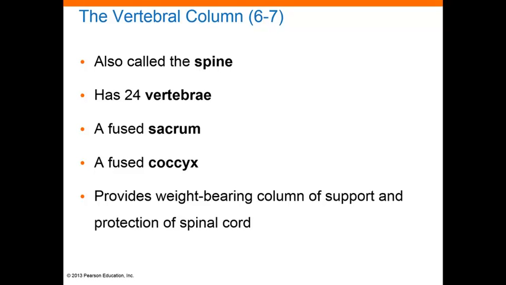The vertebral column or spine consists of 26 bones, 24 of which are vertebrae, and a fused sacrum and a fused coccyx. The vertebral column provides a column of support which will transfer weight to the appendicular skeleton of the lower limbs and protection of the spinal cord, and it helps maintain an upright body position.